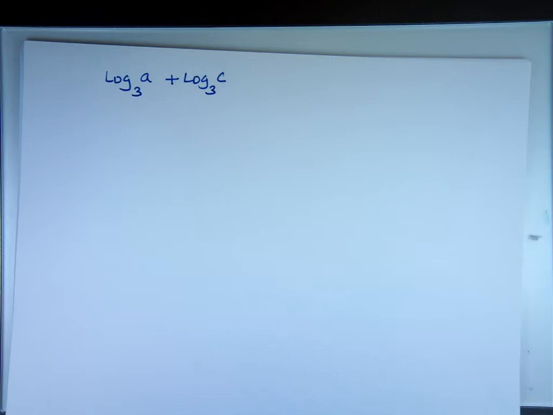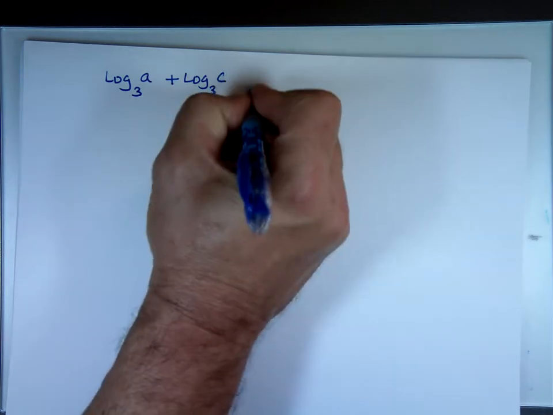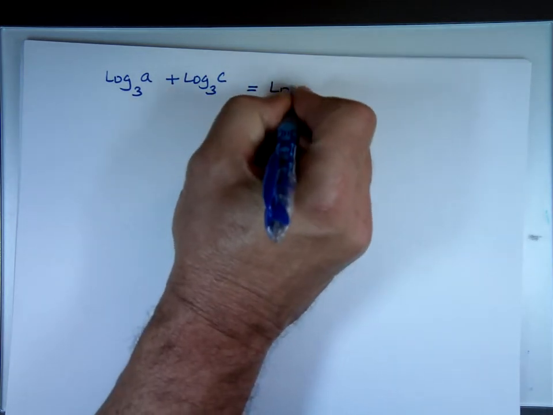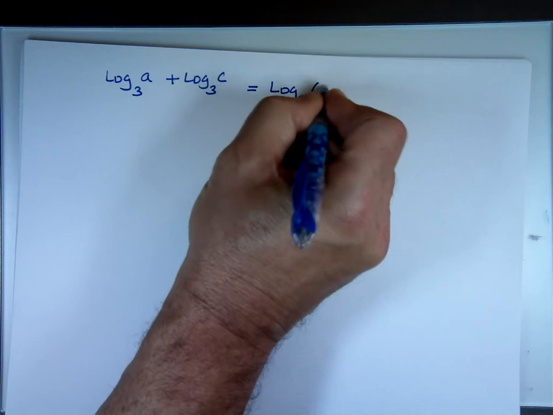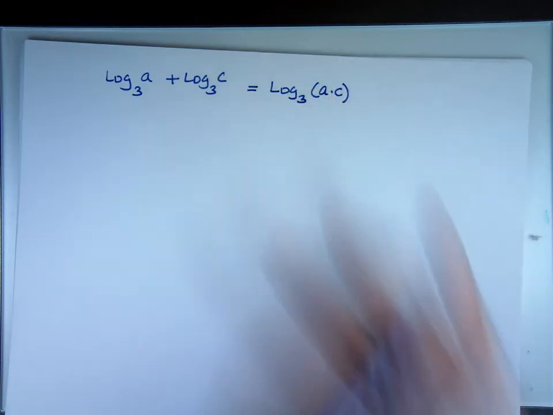Okay. I want you to think backward now. This used to be what? Multiplication. You have addition, that means it used to be multiplication. That used to be log base 3 of A times C. That's what it used to be.